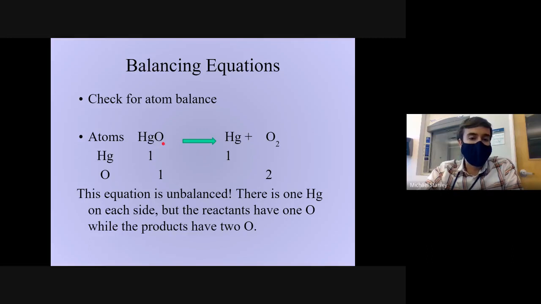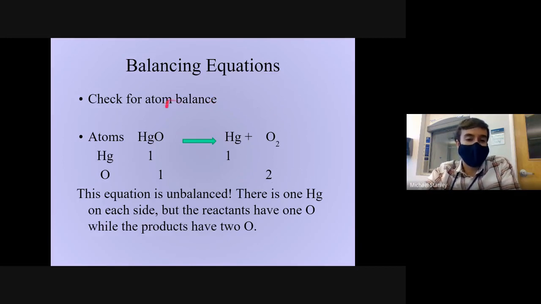Now let's go with the O's. On the reactant side, I have just the one oxygen, so I'll write a 1 down here. Over on the product side, there are two oxygens. O2 means that there are two oxygen atoms bonded together. So we have two oxygens on the product side.